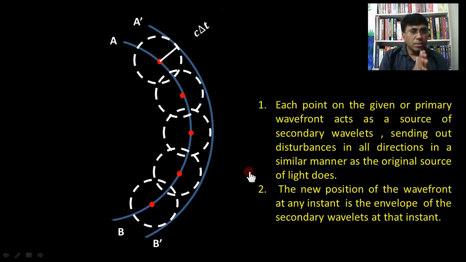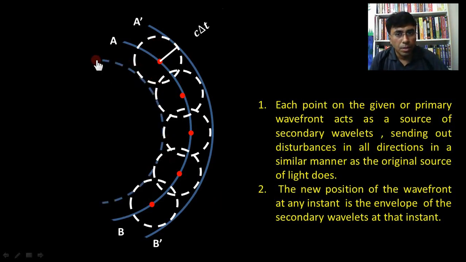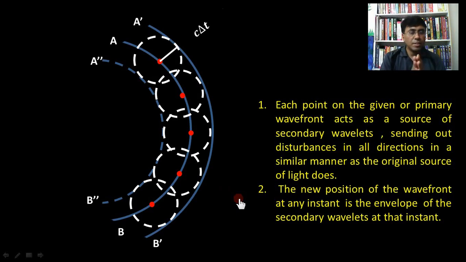Now this Huygens principle has a little flaw over here. If we follow the Huygens principle, and I envelop these secondary wavelets from the back side also, then this A double dash B double dash should also represent the wavefront, and this means that the light is progressing in the forward direction as well as in the backward direction.